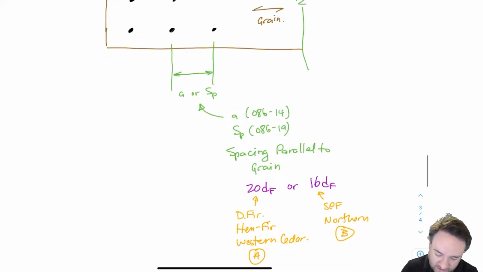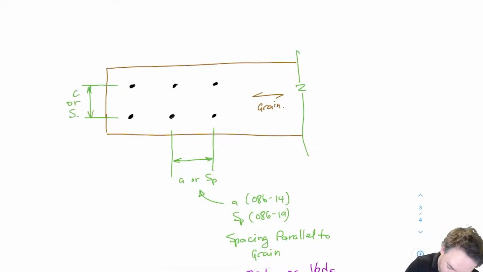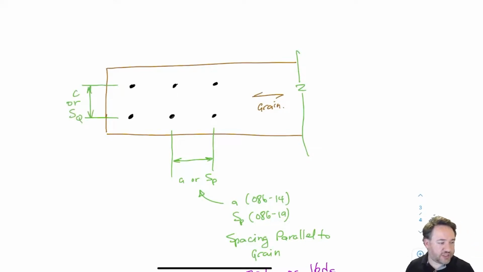Now, what about in the perpendicular to grain direction? In the perpendicular to grain direction, that spacing parameter is called either C in 08614 or SQ, spacing in the Q direction. Q is something that we've used for perpendicular to grain previously when we talked about compression perpendicular to grain. Remember, that was a QR resistance.